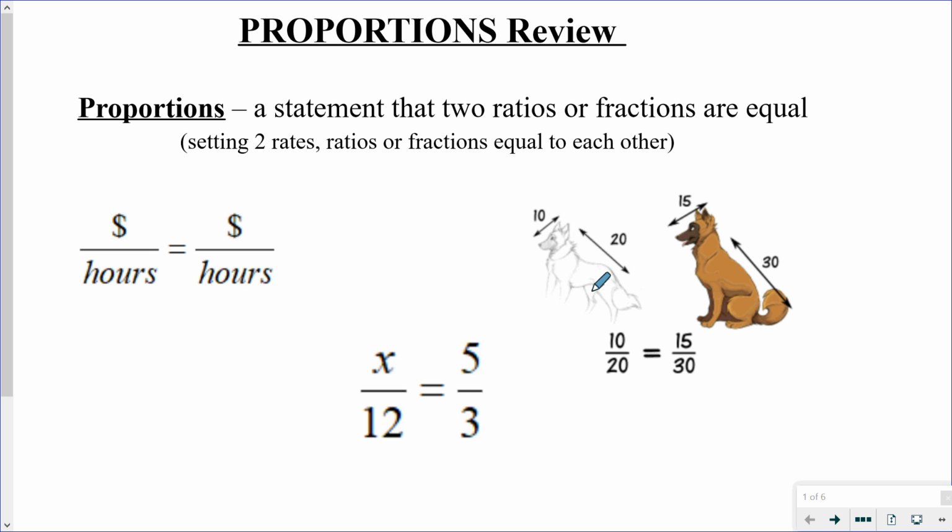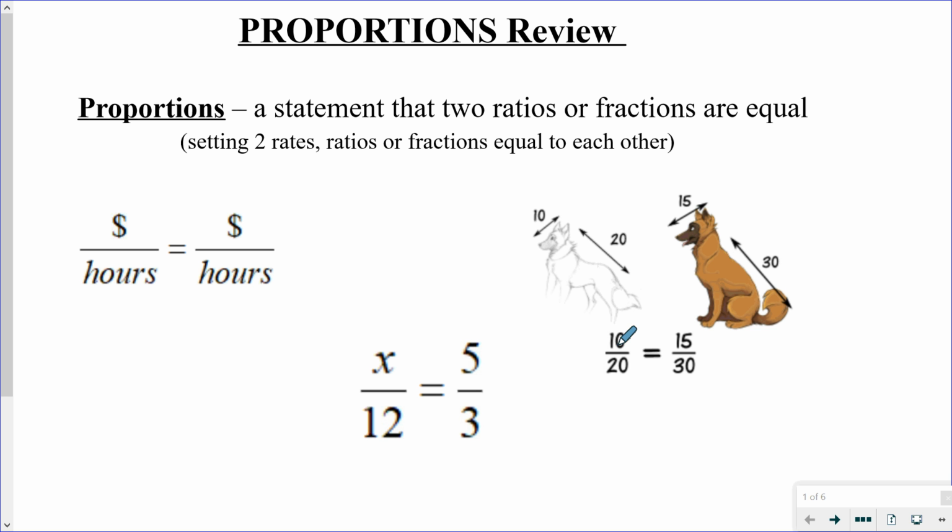Over here we're comparing two dogs. We're comparing the length of the dog from the ears to the nose and the length from the top of its neck down its back. And we're also doing the same thing to the brown dog.